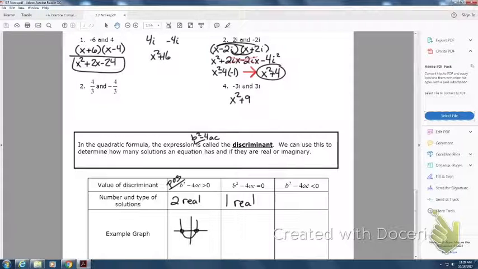And now think about that graph. What is that graph going to look like if it just has 1 real solution? It's not going to be a straight line. You'll still have a parabola. Is it sideways? No, it's not sideways.